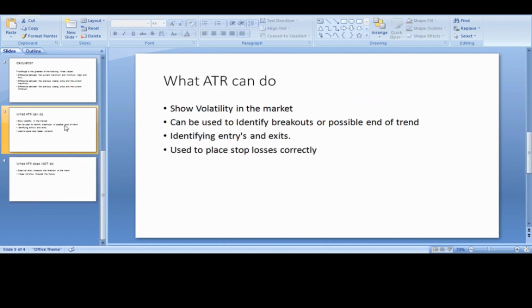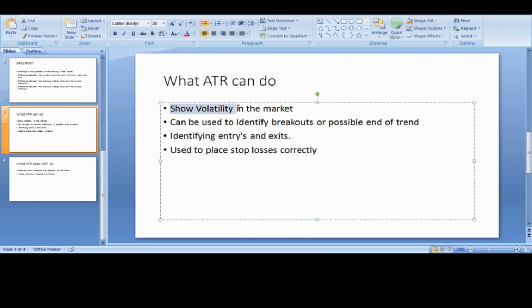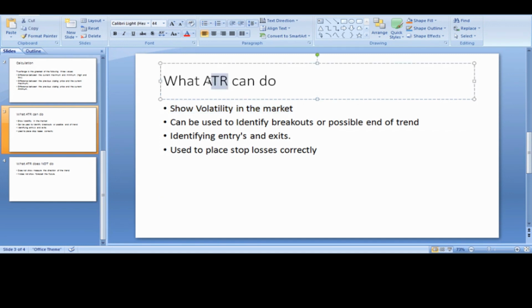These are the things it can do, and it shows the volatility in the market. This is something we just read from the help button, that the indicator shows how volatile the market is. If you want to understand volatility very well, then this is the indicator you need to be using.